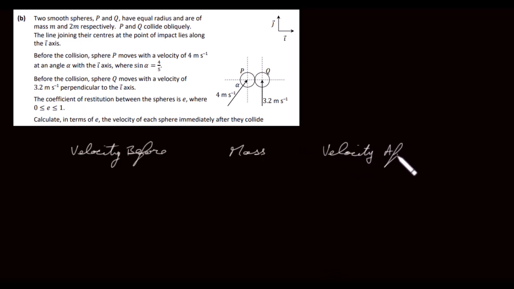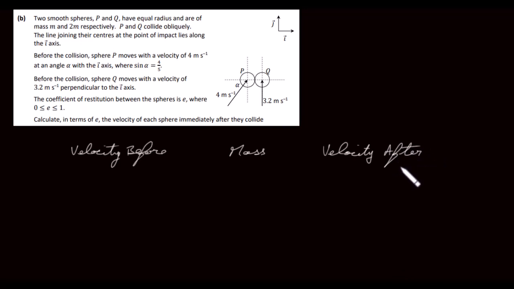Okay, so the way we're going to approach this initially is just to write down the details here. We've got the velocity before, we've got the mass, and we've got the velocity after impact. So let's write all this down then.